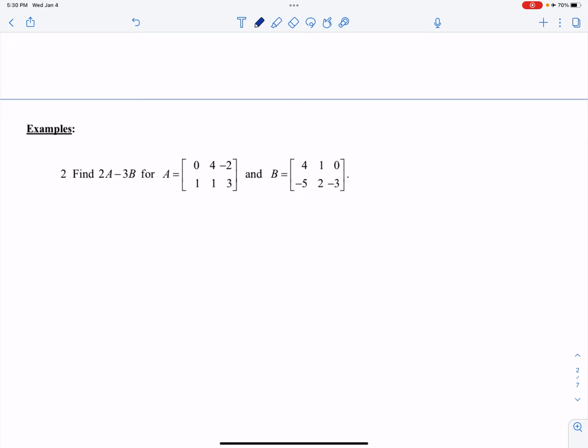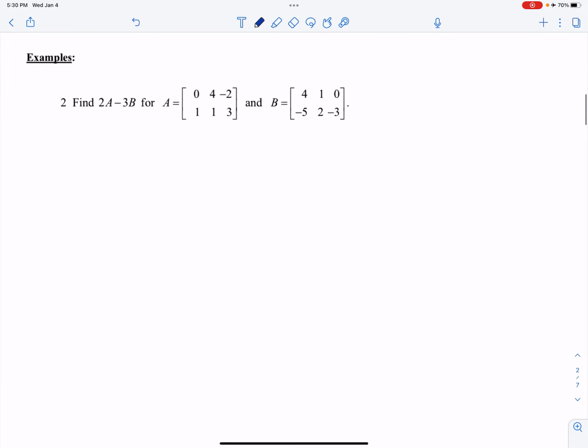All right, now we're going to work with scalars. So we have 2A minus 3B. 2A, so we have 0, 4, negative 2, 1, 1, 3, minus 3B, 4, 1, 0, negative 5, 2, negative 3.